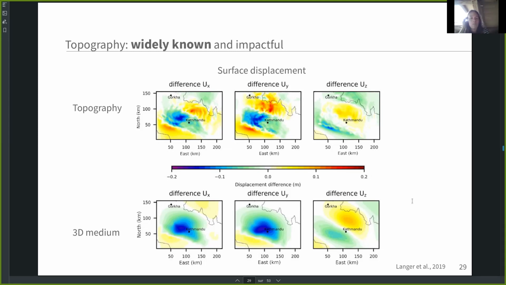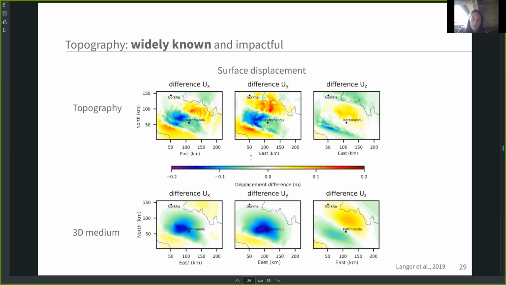So she studied the Gorkha earthquake, that occurred in Nepal. So you have the Himalayas, so it's a rather big topography. She calculated the surface displacement, accounting for topography or neglecting topography. And you can see the difference between the surface displacement here. And she did the same with a 3D medium or without a 3D medium.